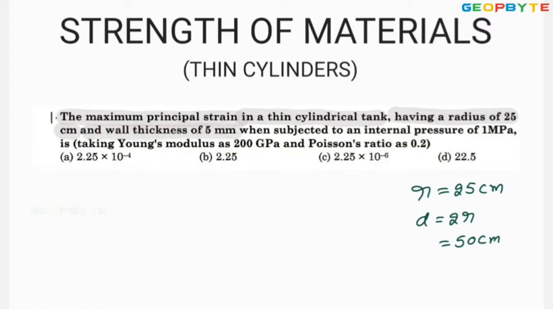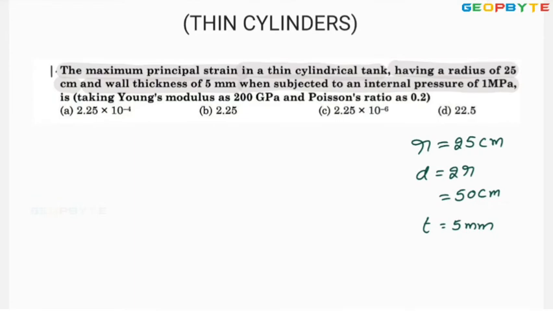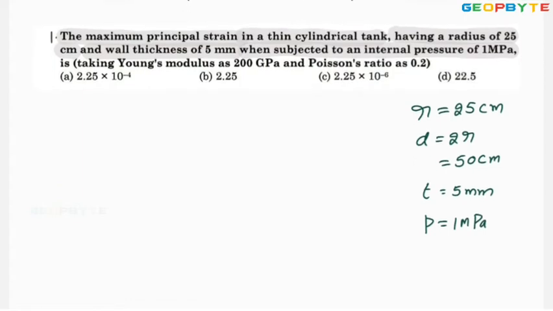And wall thickness of 5 mm. The thickness of the wall is given, T equal to 5 mm, when subjected to internal pressure of 1 megapascal. The pressure of the material inside the cylinder is 1 megapascal. The same value you can write as 1 Newton per mm square.